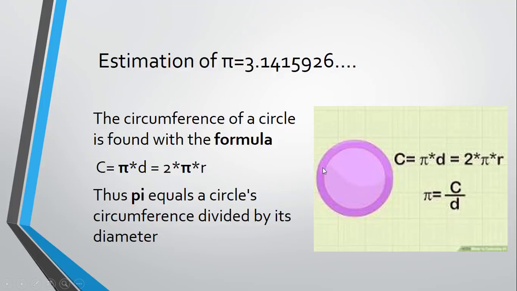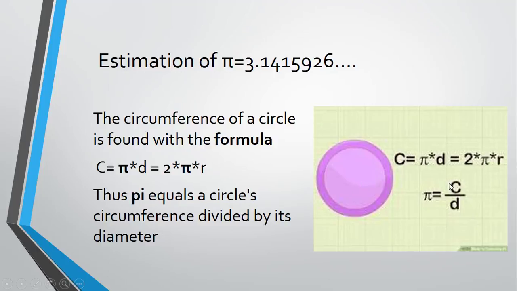Pi has something to do with circles, of course. The circumference of a circle is found with the formula circumference equals pi times d, that's the diameter of the circle, or 2 times pi times r, the radius of the circle. This is a circle, this is the diameter, and this is the radius.